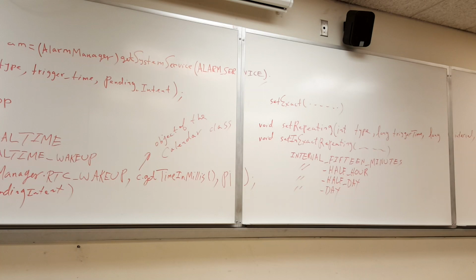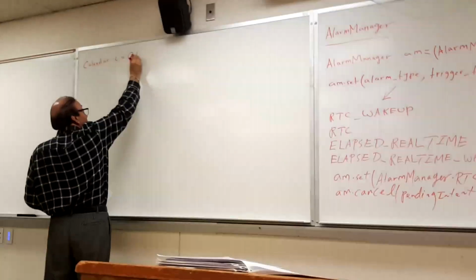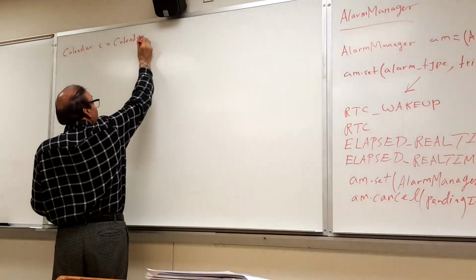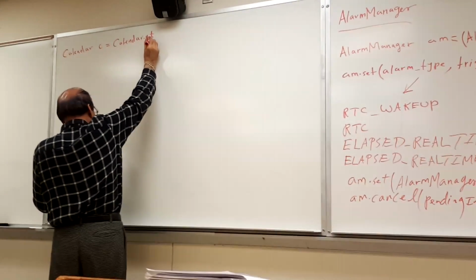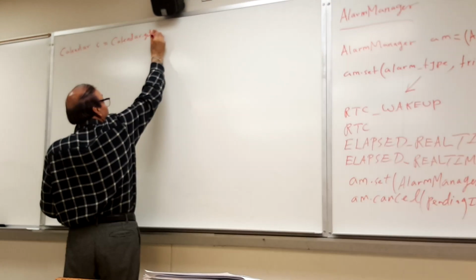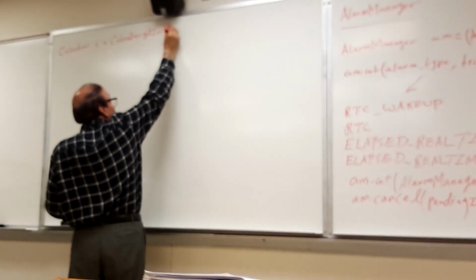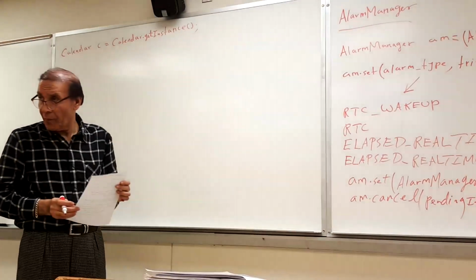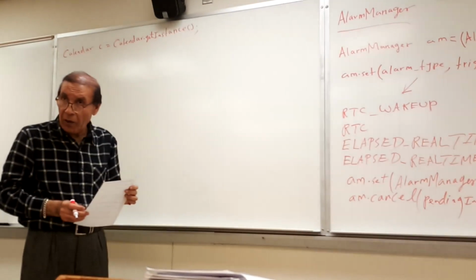As you know, the Calendar class doesn't have any useful constructor, so you are using a factory method: Calendar c = Calendar.getInstance(). The method getInstance gives us the object of Calendar.